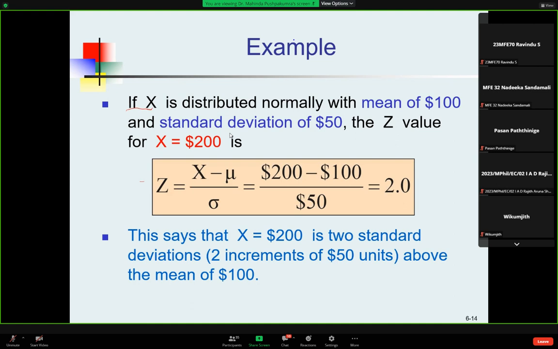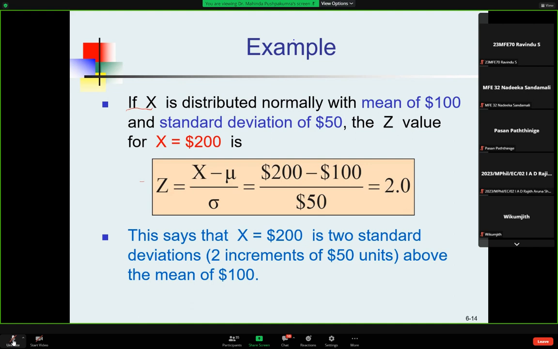Excuse me, sir. We can't see what you're drawing. Hello. Yes. Can you hear me? Yes, sir, we can't see what you are telling. I assume you have a different screen, but the example is still shared with us. We can only see the PPT.